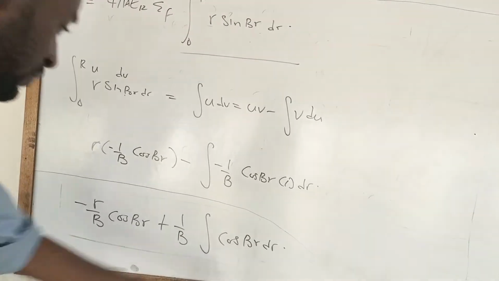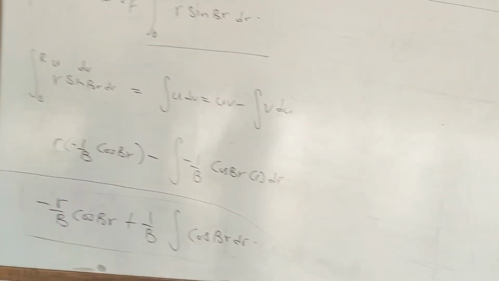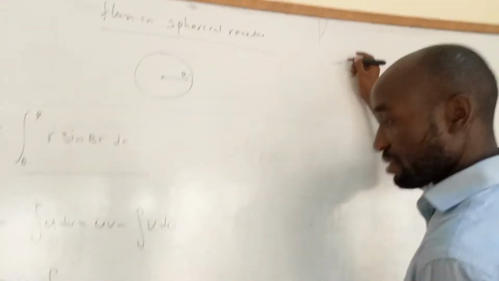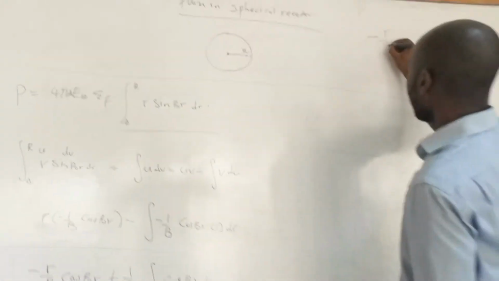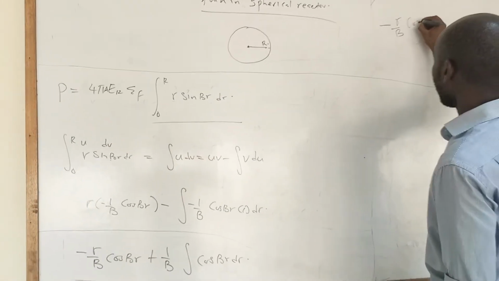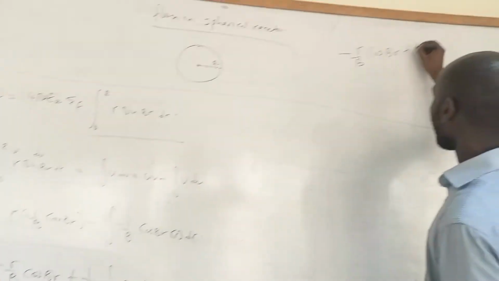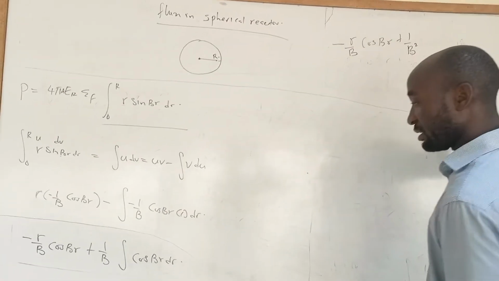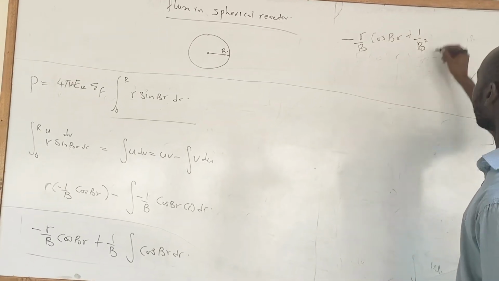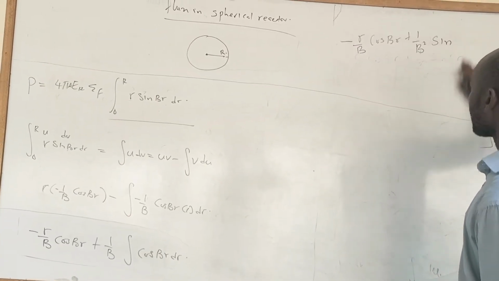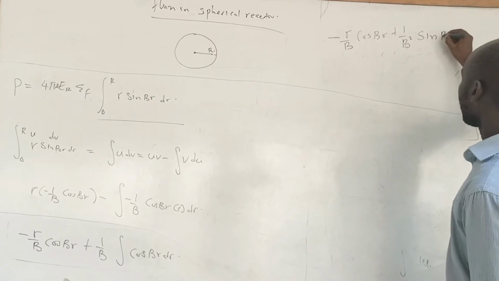When we solve this one, we have minus r over b cos Br plus 1 over B squared sine Br.